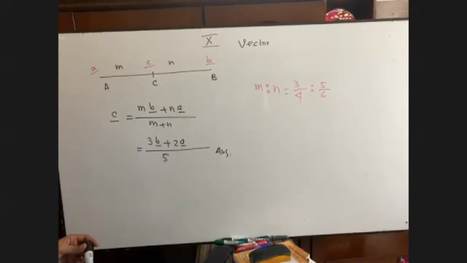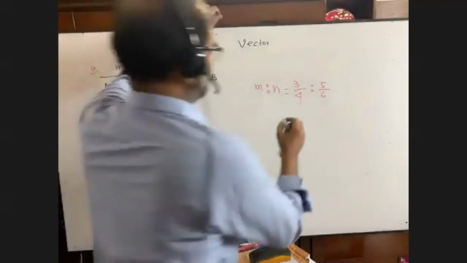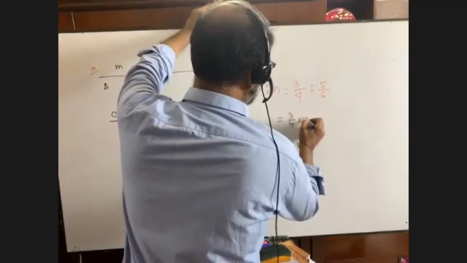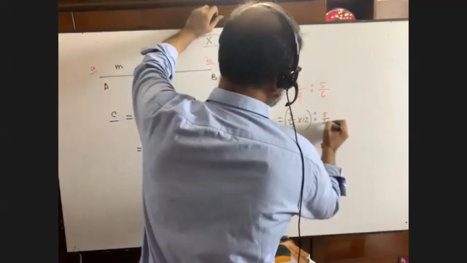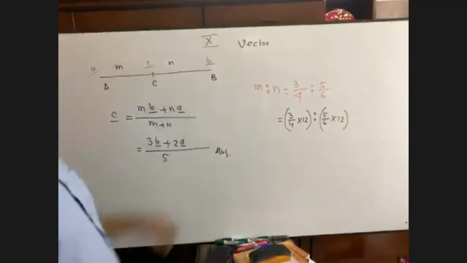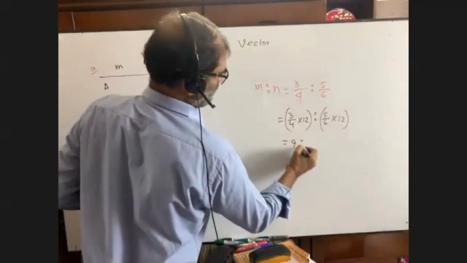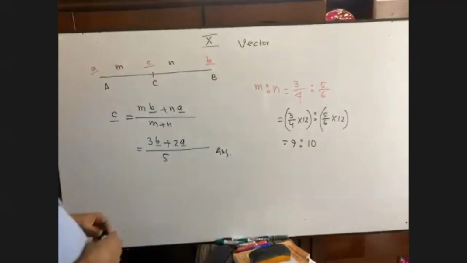What is LCM of 12? So we have to multiply by 12. 3 by 4 into 12. 5 by 6 into 12. Then we are getting 9:10. Am I right?